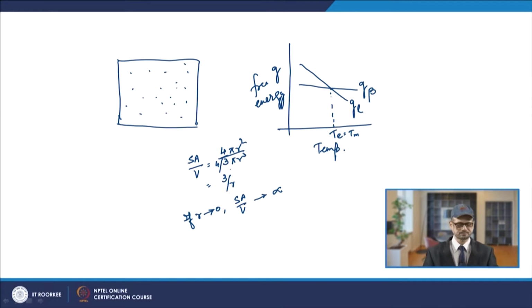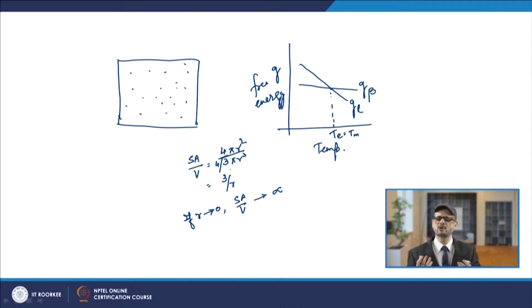As long as it is not able to sustain, it is known as an embryo, and when it sustains, that is known as the nuclei. After that there will be further addition of atoms, and then the subsequent process of growth. That is the way the nucleation and growth phenomena proceeds.